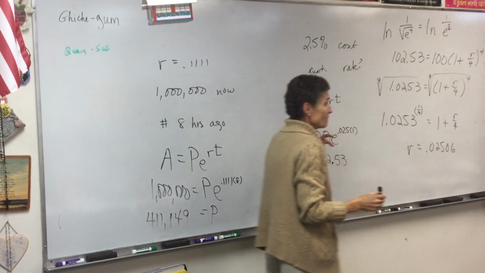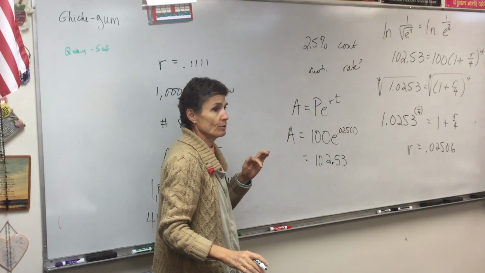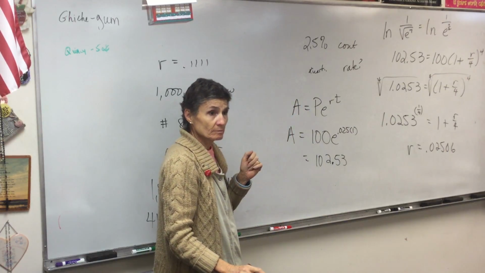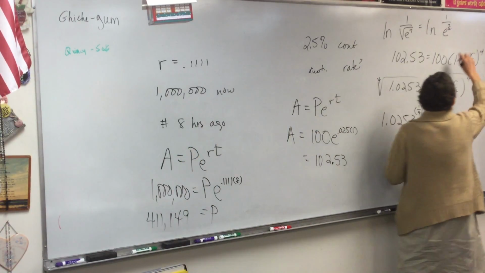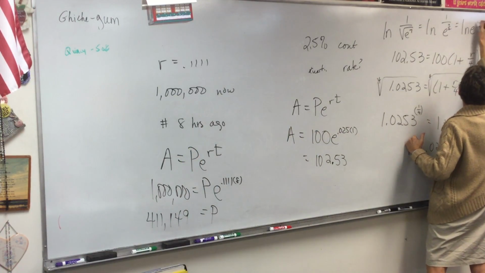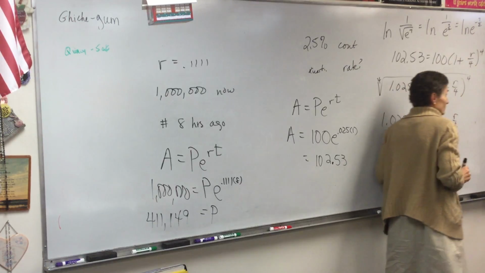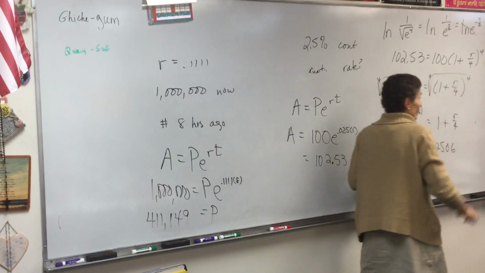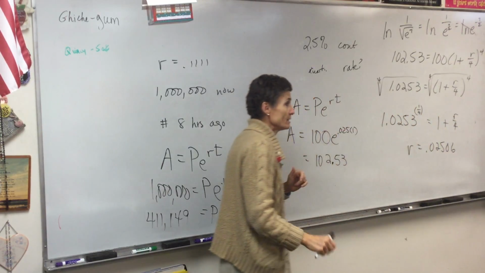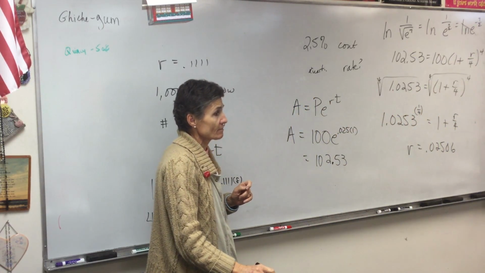Why is it 7/2? Because the square root is 1/2, and we already had 7, so it's 7/2. Now what about the 1 over? That means my exponent was negative. You have an ln and an e back to back. They always cancel, so your answer is negative 7/2.